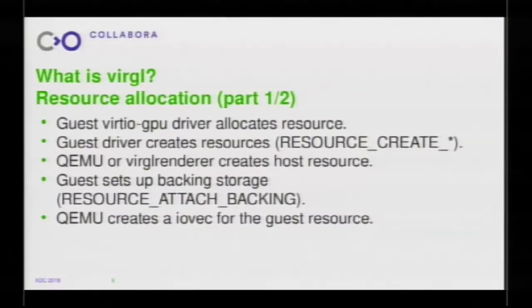On the memory side, I'm not very familiar with that, so I will just explain it very quickly. The guest allocates some resources. The host will also allocate some resources. Then we back the memory, the guest and the host, and qemu creates IO vects.